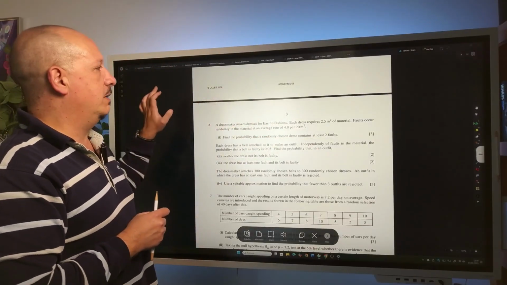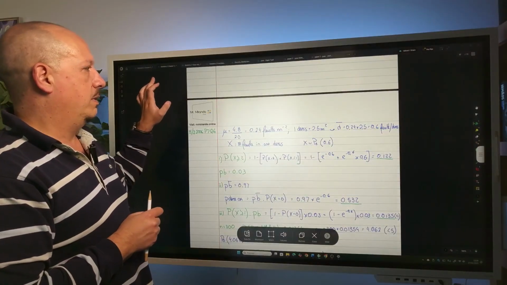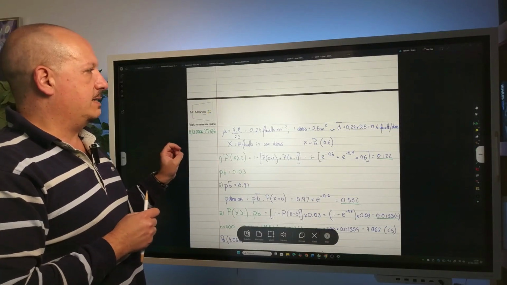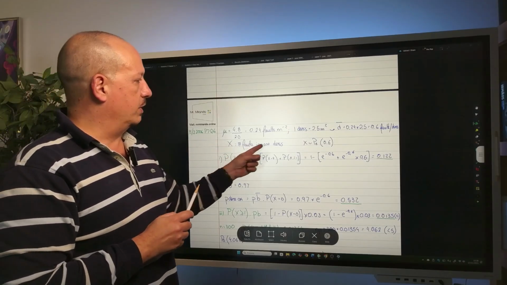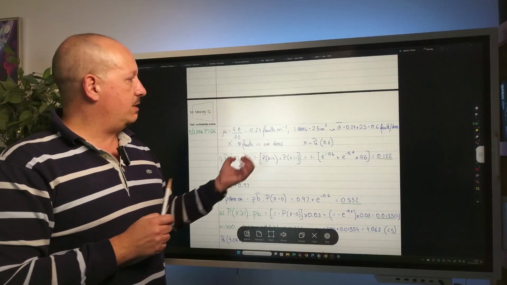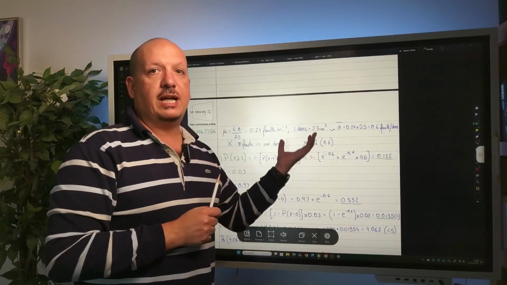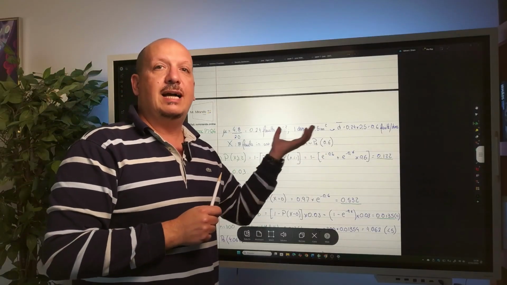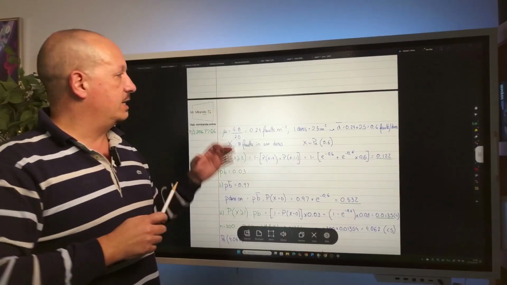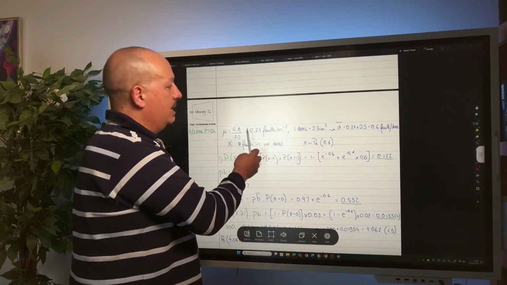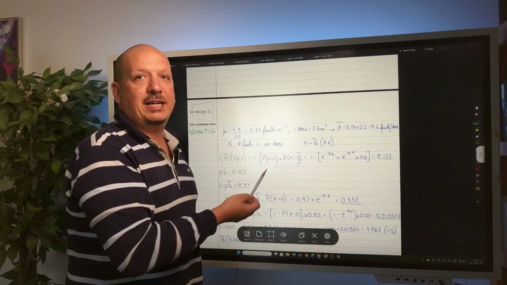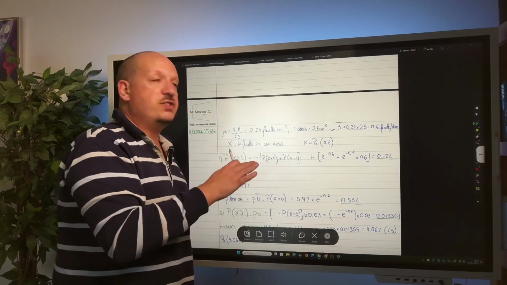So we can set up a random variable corresponding to the number of faults in one dress, and we can use the Poisson distribution as long as we have an average to use for this. And what is the average? It is the product of the area of one dress by the number of faults per square meter.